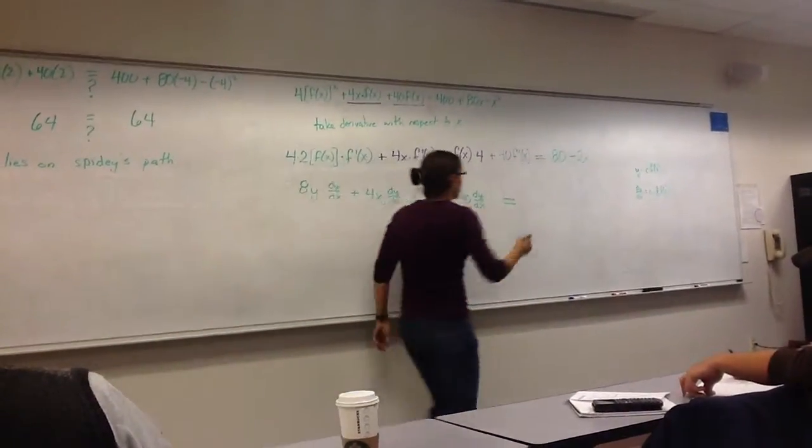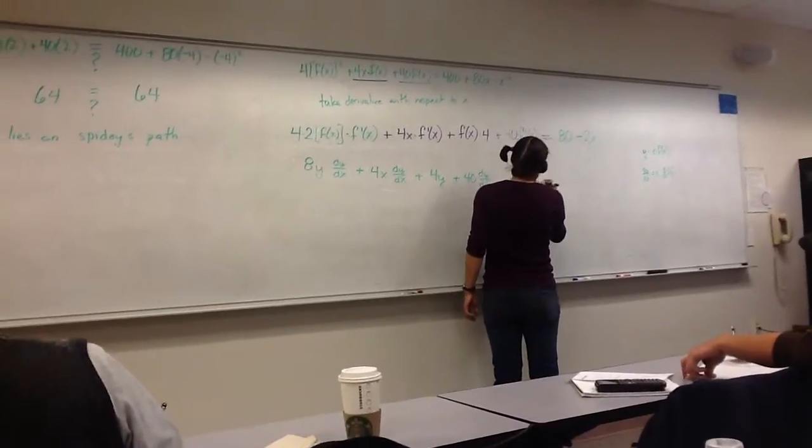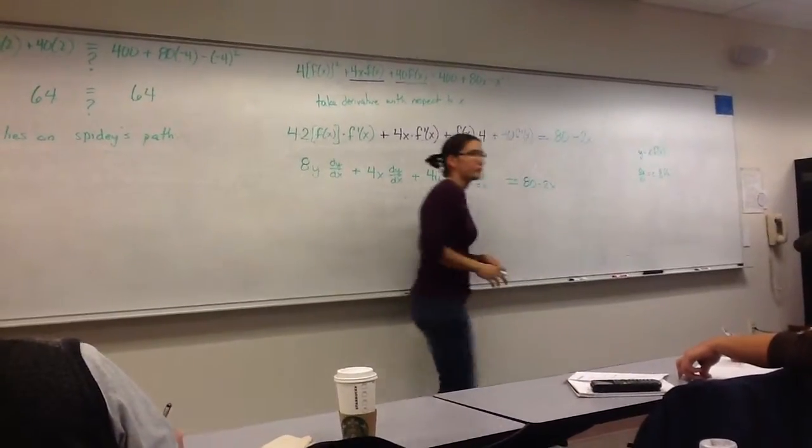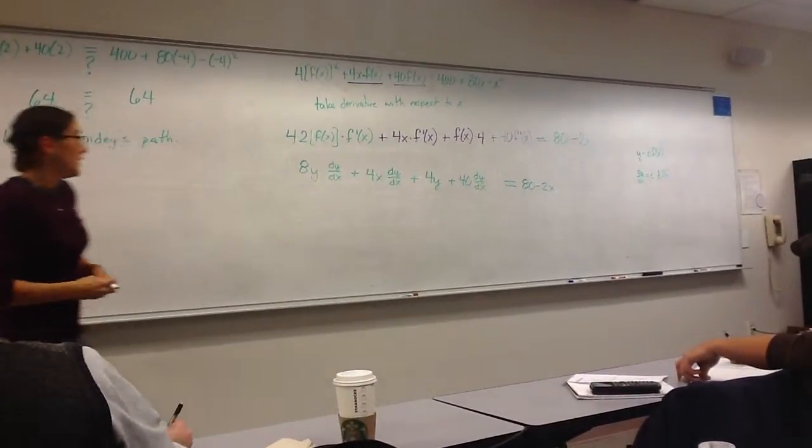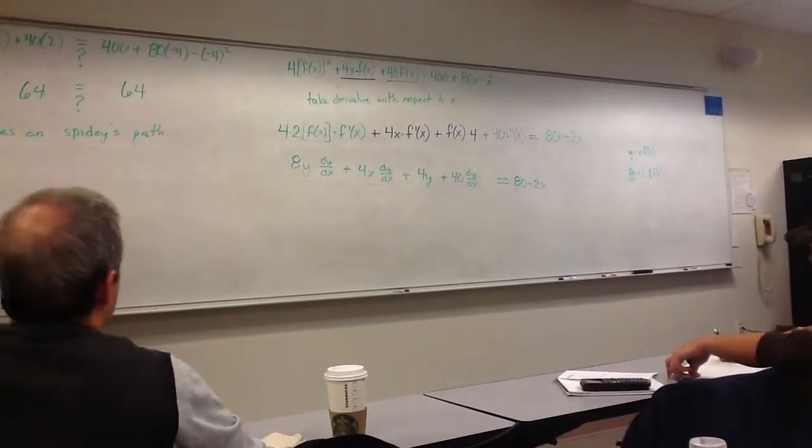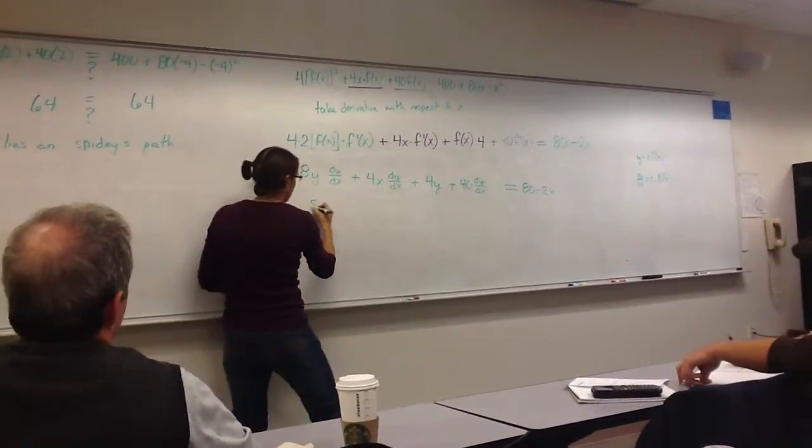And all of that is equal to 80 minus 2x. We would like to solve this equation for dy dx.